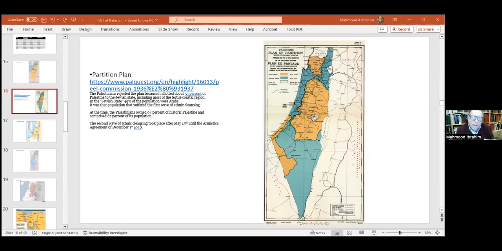So according to the British mandate, the mandate was supposed to end on May 15th, 1948, and so on that particular day, Israel was declared independent by the personnel of the Jewish Agency, headed by Ben-Gurion.